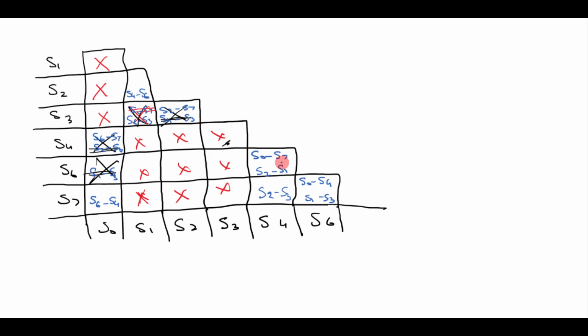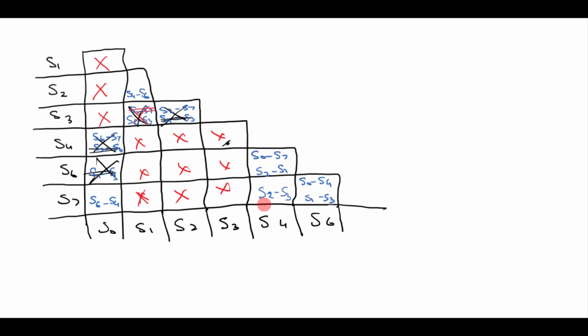Now come to this row. Here S0 and S7. At S0 and S7, we can't say whether they are equivalent because we don't have a cross here. But for S2 and S1, we are also not sure whether S1 and S2 are equivalent, so we are not putting a cross here.